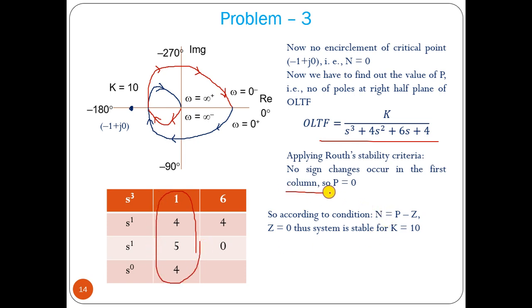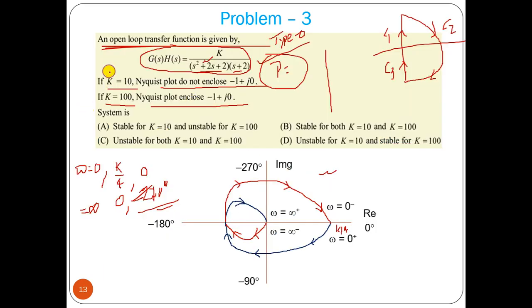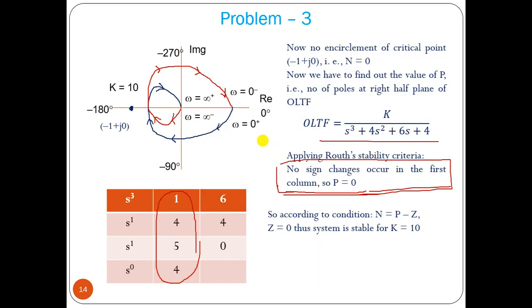That means P equal to 0. The open loop transfer function is stable, so there is no pole in the right half plane. P equal to 0. Now what is given here is that for k equal to 10, the Nyquist plot does not enclose minus 1. So the minus 1 point is here.